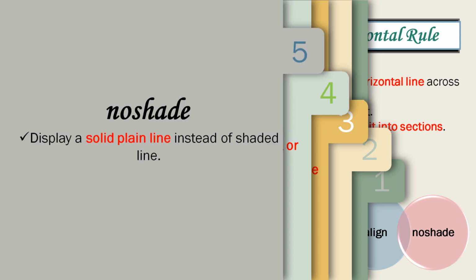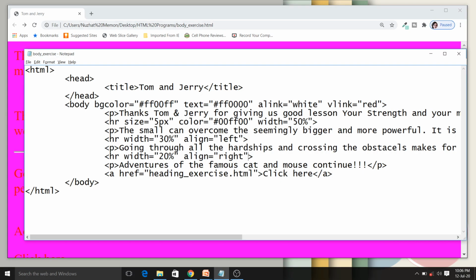The last attribute of HR is noshade. It displays a solid plain line instead of a shaded line. I will show you here. I just need to write size even, as I had to increase the thickness to see the effect. Around 6 pixel I am writing here. Even here I will write, I will make one horizontal line as noshade.